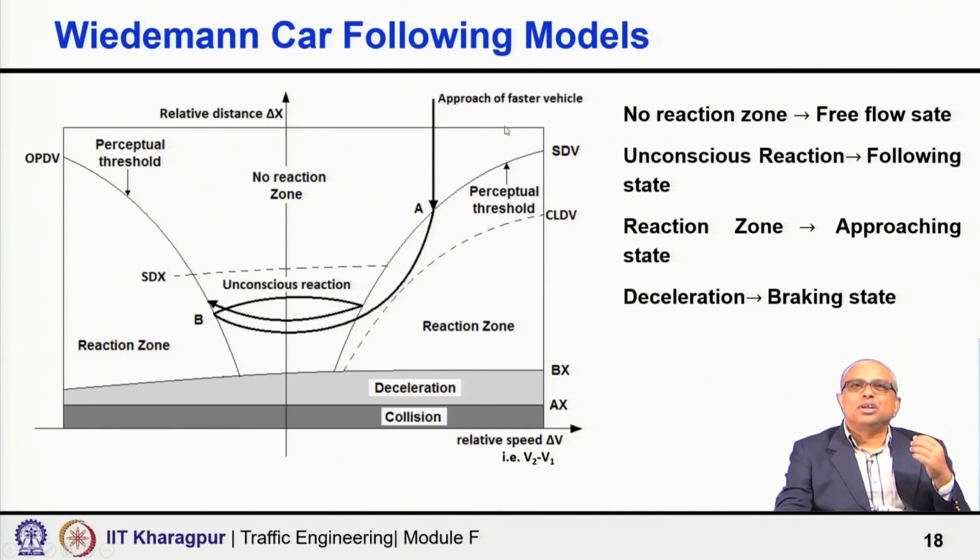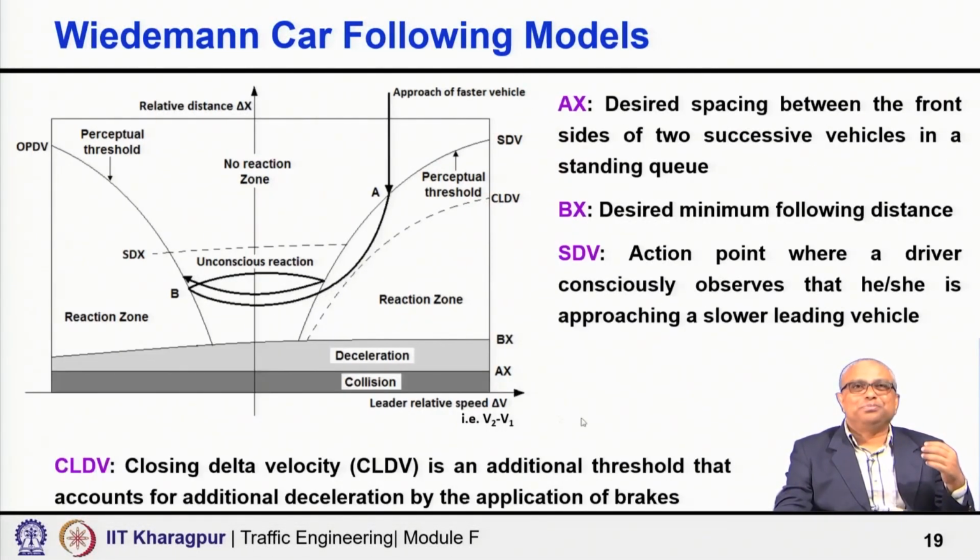Now, obviously, the solid lines, this one, also the dotted lines, this line and also this line, these demarcate one traffic state from another, or one zone from another: no reaction zone, unconscious reaction, deceleration, different zones. So, it is demarcation.